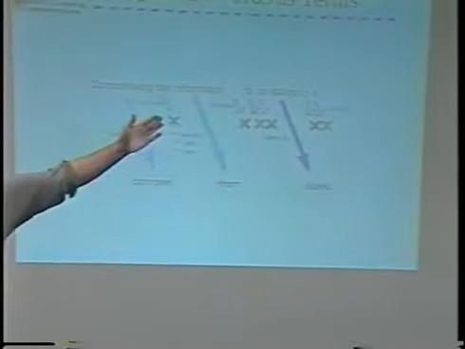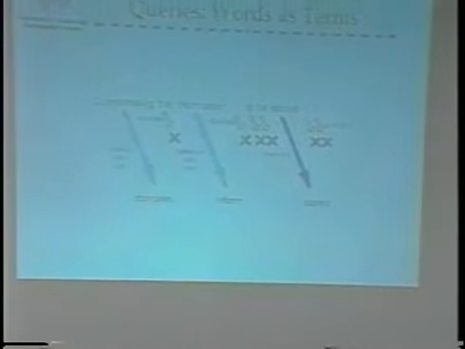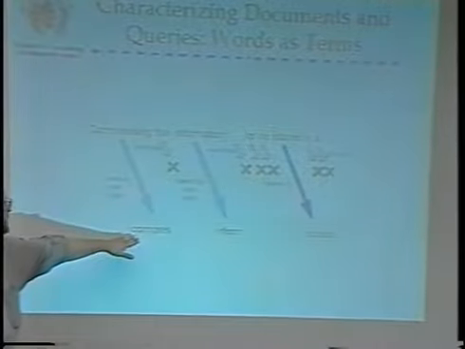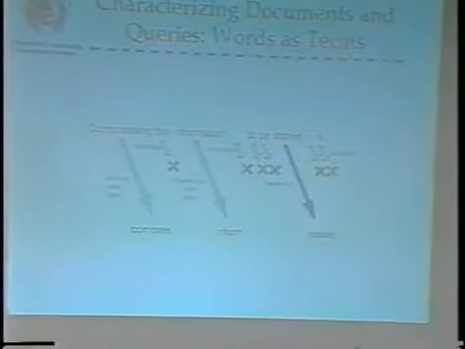First, I'll talk a little bit about how information retrieval researchers typically view the problem. So the first thing that an information retrieval system does is to characterize the documents and the queries. And typically that's done, in most cases, by using words. So the system will take a document, chop it up by white space, do some other processing. Sometimes the terms will have their ends chopped off. That's called stemming.